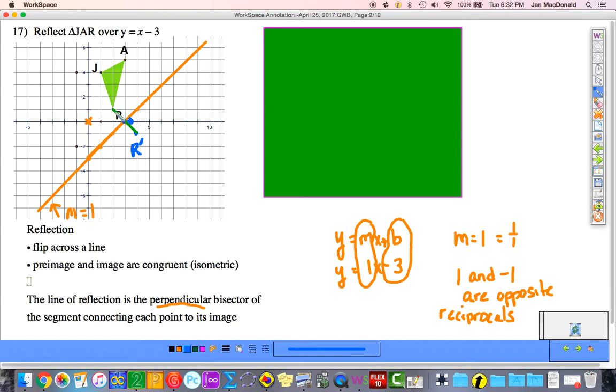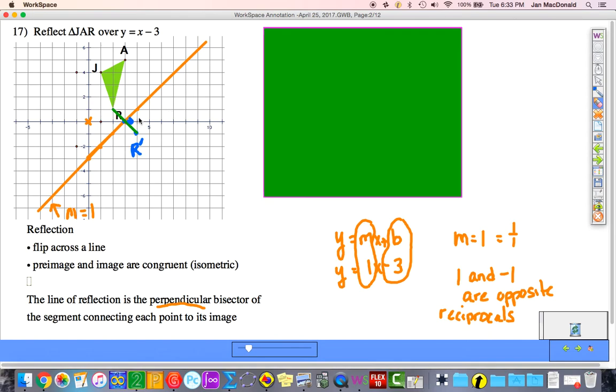And if you wanted to think about it this way, it's one diagonal distance, two diagonal distances, and the line is cut exactly in the middle, right? So we went 1, we got to the line of reflection, we went 1 more, and again we talked about diagonal distances here, right? And we got to R prime.